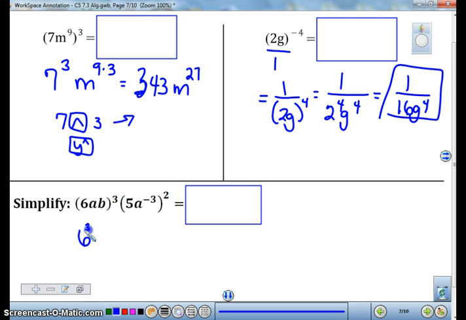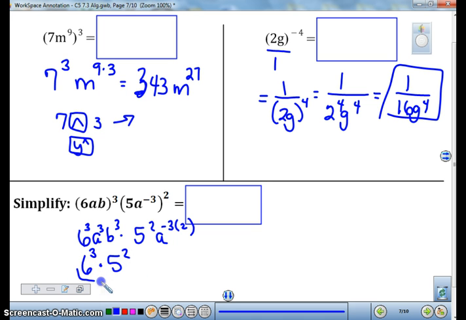So we have 6 to the third, a to the third, b to the third, times 5 to the second, a to the negative 3 to the second. 6 to the third. We're going to keep that, and then we're going to regroup our numbers. 6 to the third times 5 to the second.